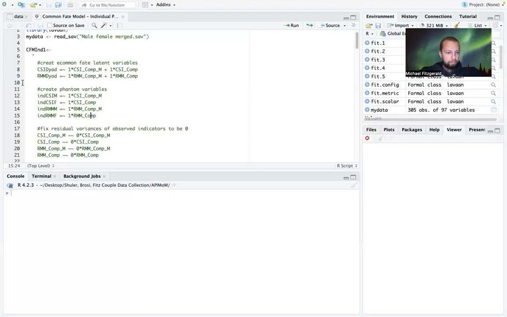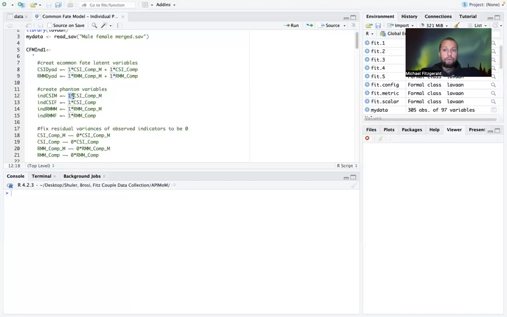The way we are going to specify our phantom variables is as latent, which means you will see the equal tilde sign. I have created one phantom variable for each observed indicator in this model. You will also notice that the factor loading is constrained to be 1.